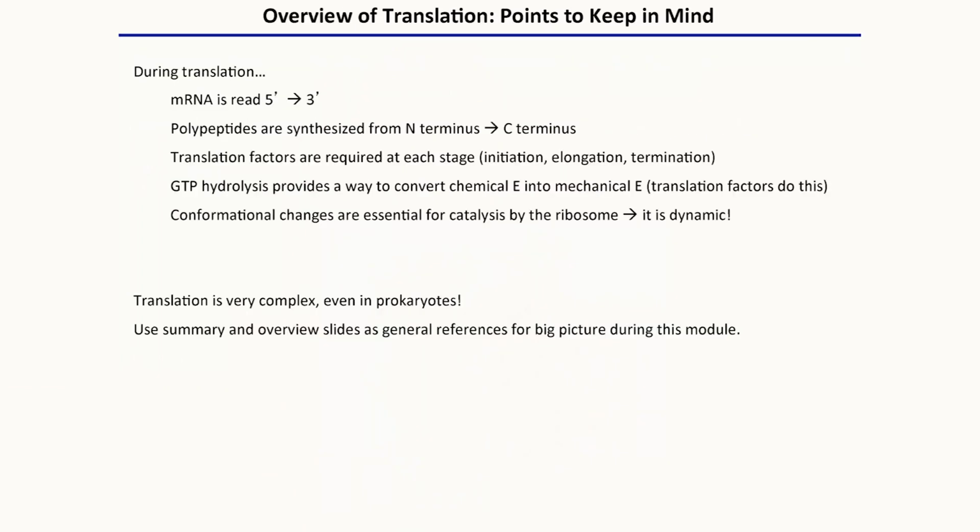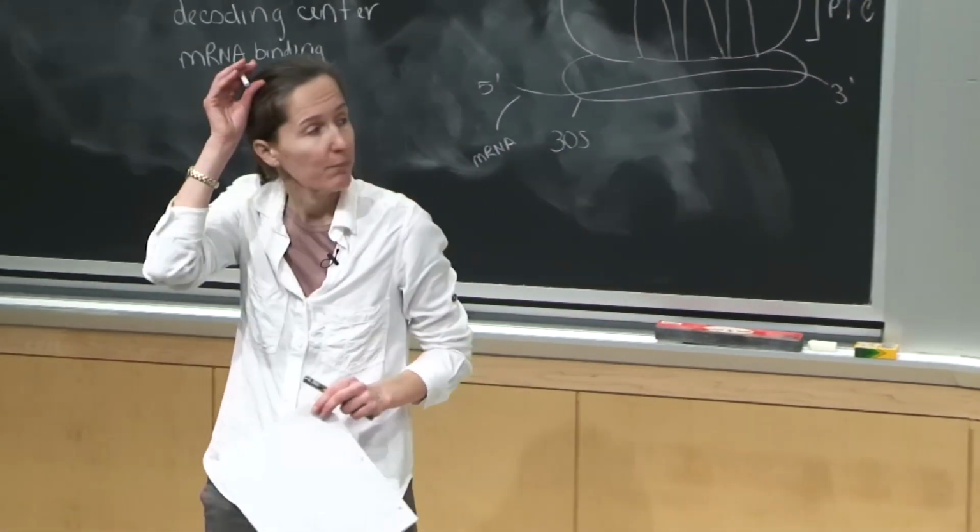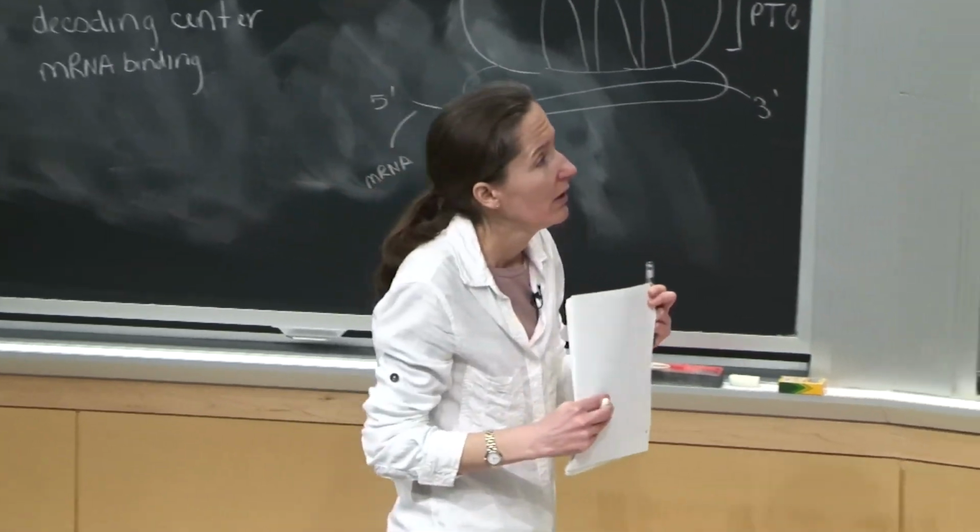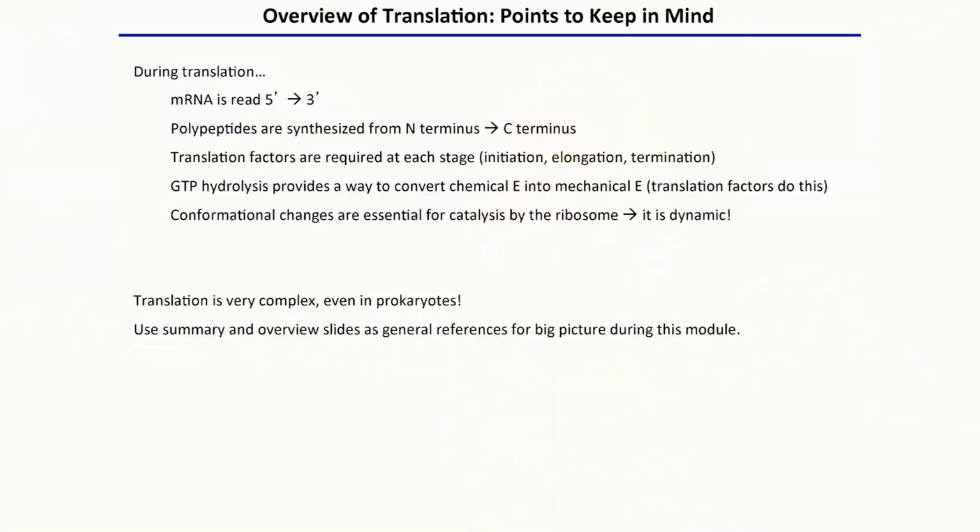So we'll close just with some overview points about the translation process as a whole. During translation, mRNA is read from the 5' to the 3' end. Polypeptides are synthesized from the N-terminus to the C-terminus, so there's directionality. As I said earlier, translation factors are required at each stage: initiation, elongation, and termination.